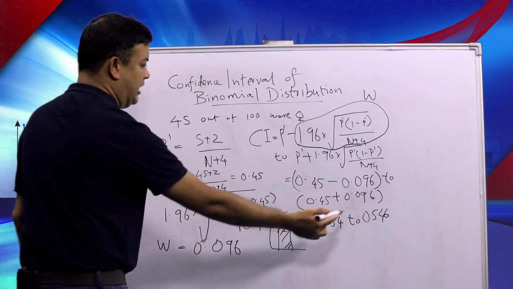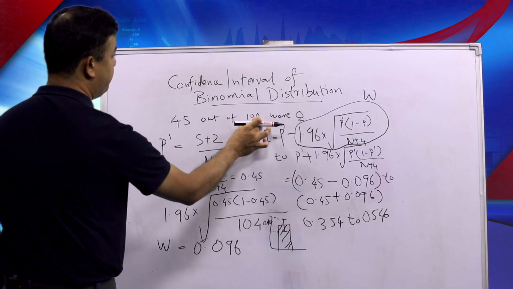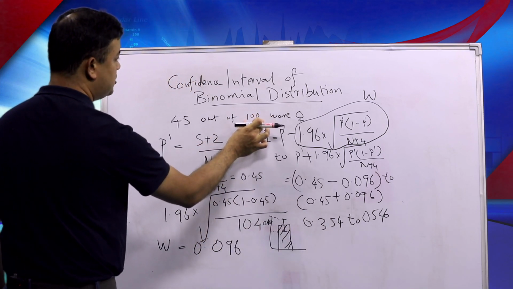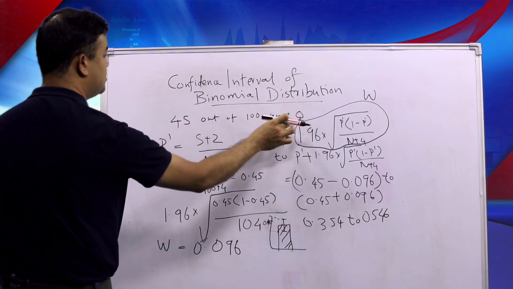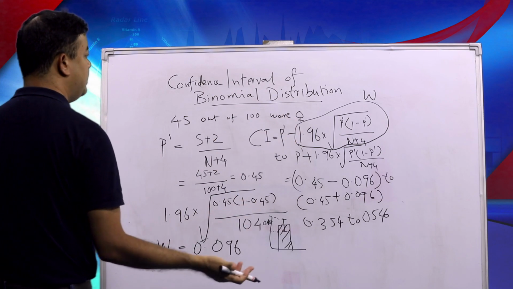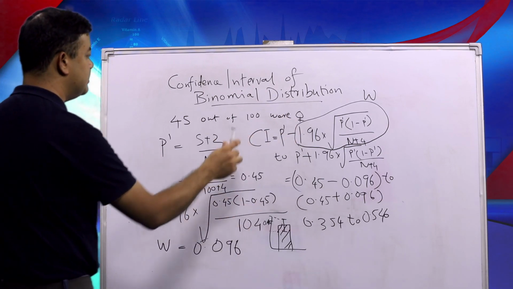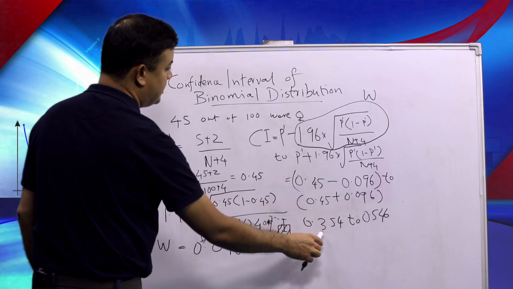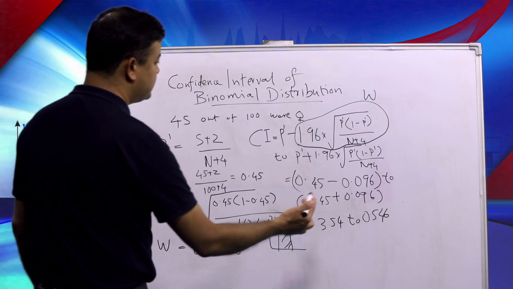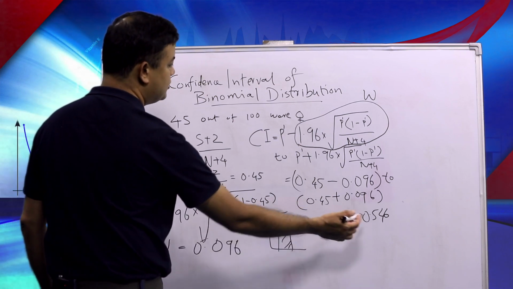Now what do these values actually mean? We have only 100 samples, right? So the true population mean, that is the proportion of females in the whole Punjab population, remains unknown to us. The only thing that we can estimate is from this sample of 100. So we can say there is a 95% chance that the true population mean falls somewhere between these two values.